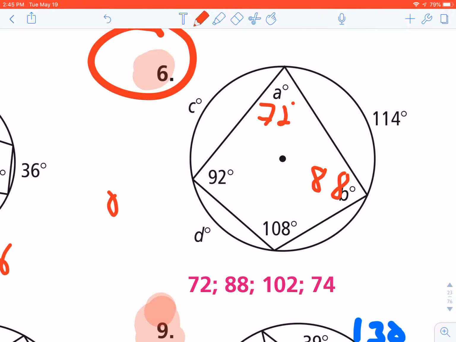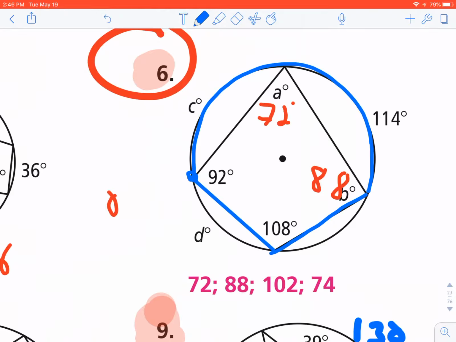Now, C and D are where it gets kind of tricky. What I did was I looked at the fact that the angle that is 108, if I trace that angle, it creates an arc that starts here and wraps all the way around to here. So it encompasses arc C and 114 degrees.